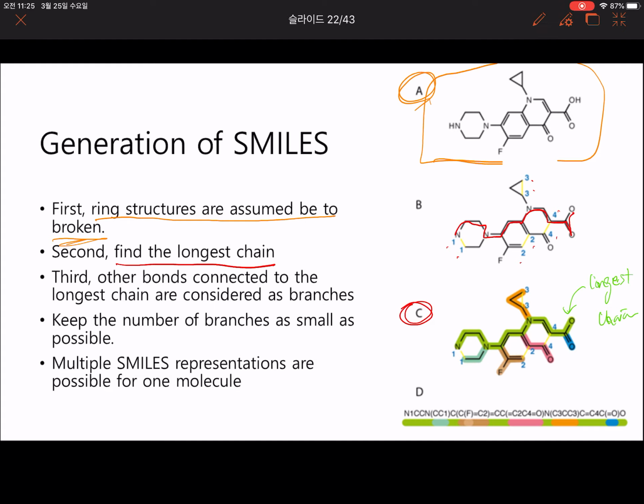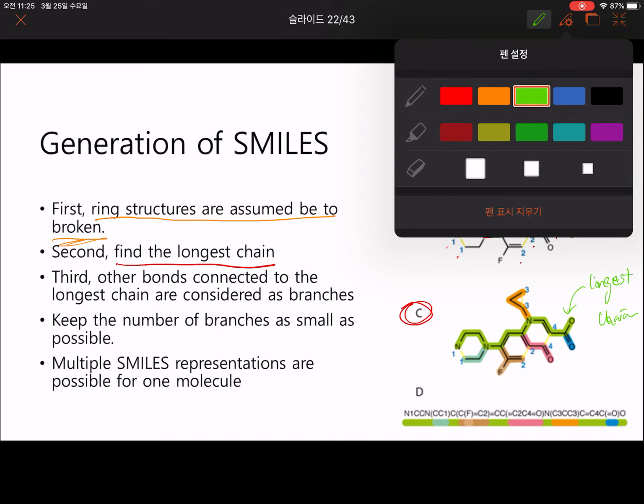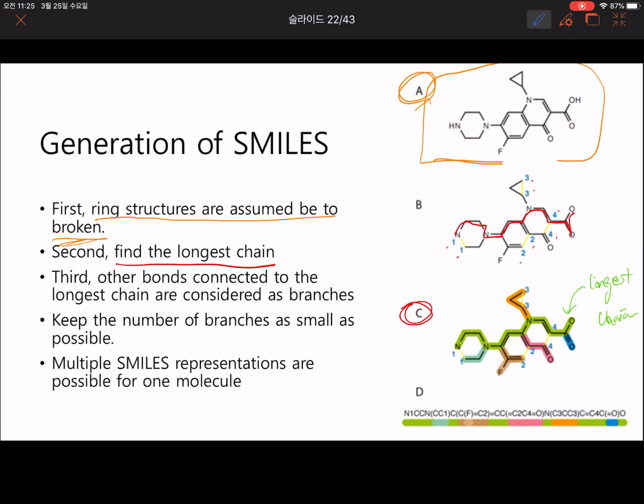And the other parts and other bonds connected to the longest chain are considered as branches. So this one, this one, this one, and this one, these groups are considered as branches. So in summary, we start from here and we end here.